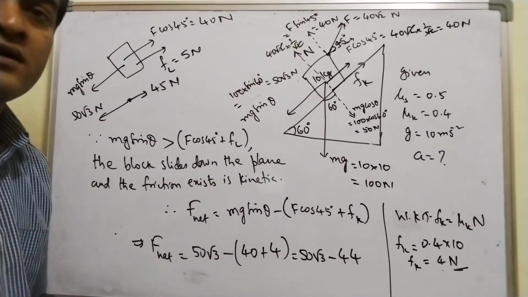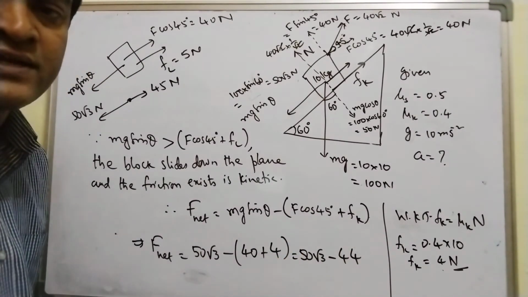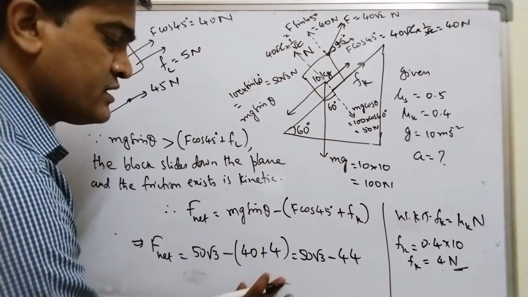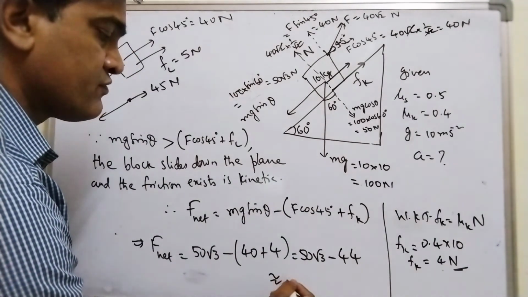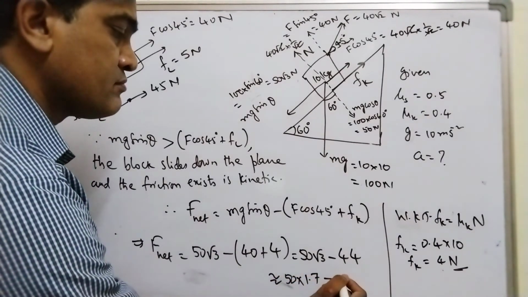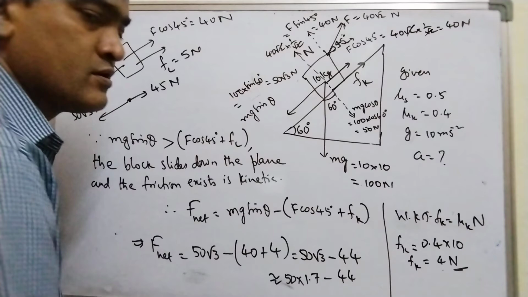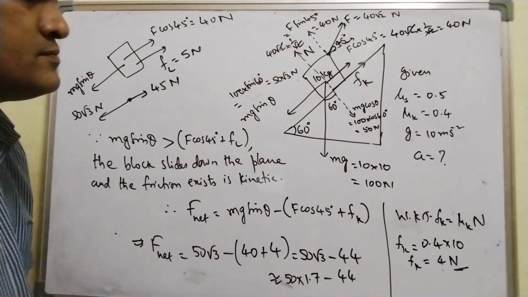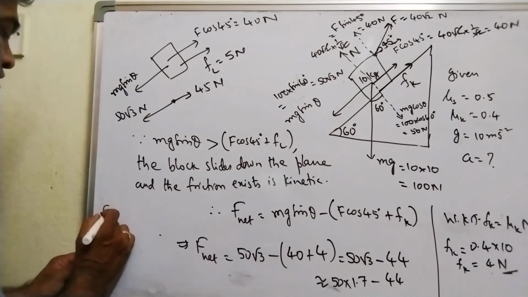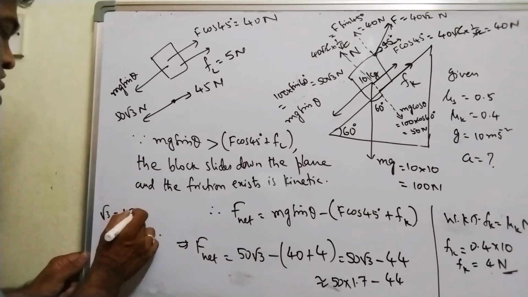If I take root 3 as approximately 1.7, its value is 1.732. Root 3 is 1.732.